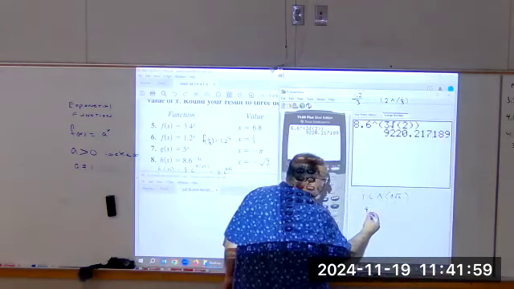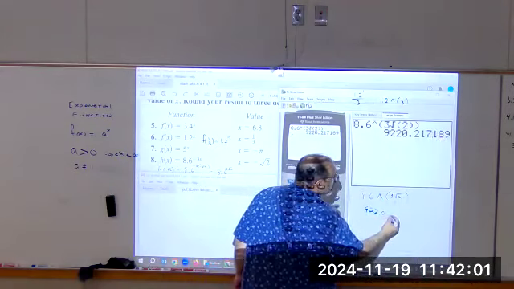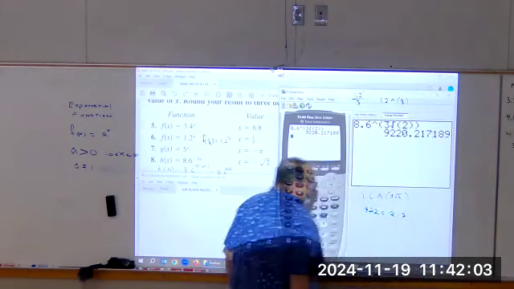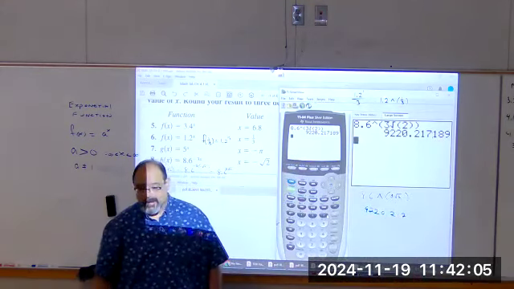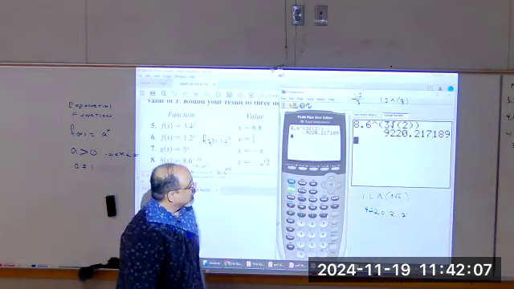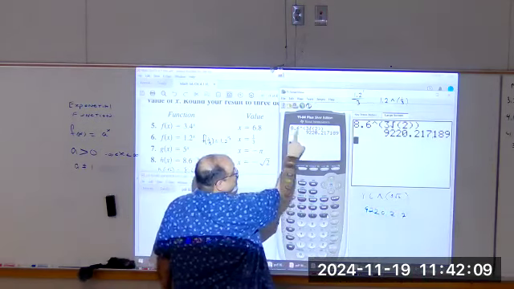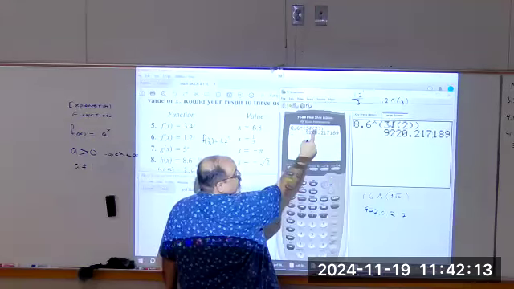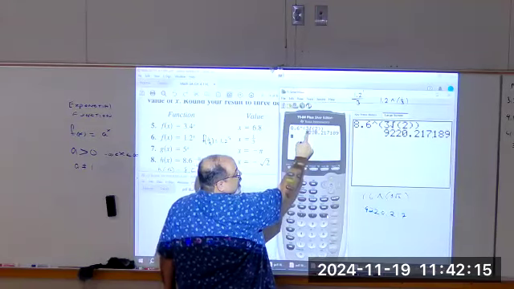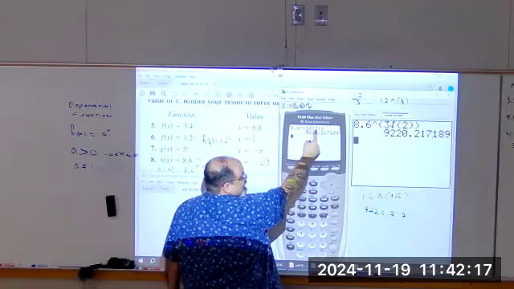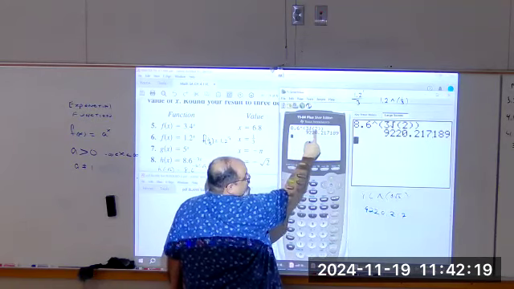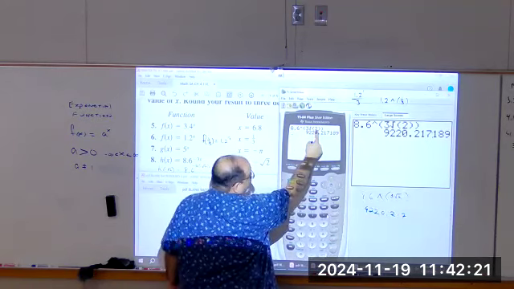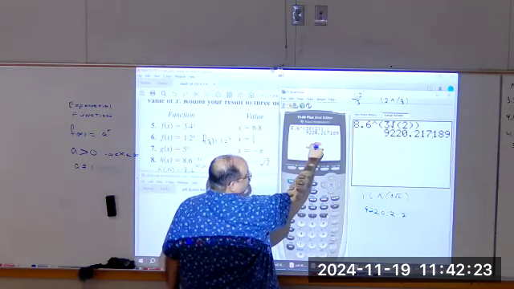So that is 9,220.217. Now, you might think, that can't be right, that's huge. 8.6 is almost a 9. Square root 2 is about 1.4. This is like 3 times 1.5, which would be like a 4.5.